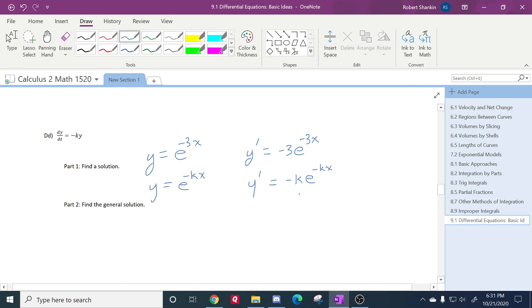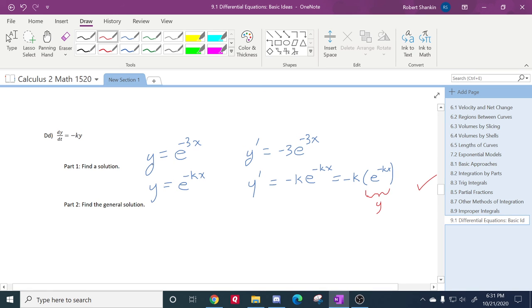The negative k times e to the negative kx, but e to the negative kx was the y itself. So you're getting y prime is equal to negative k y. So this checks.